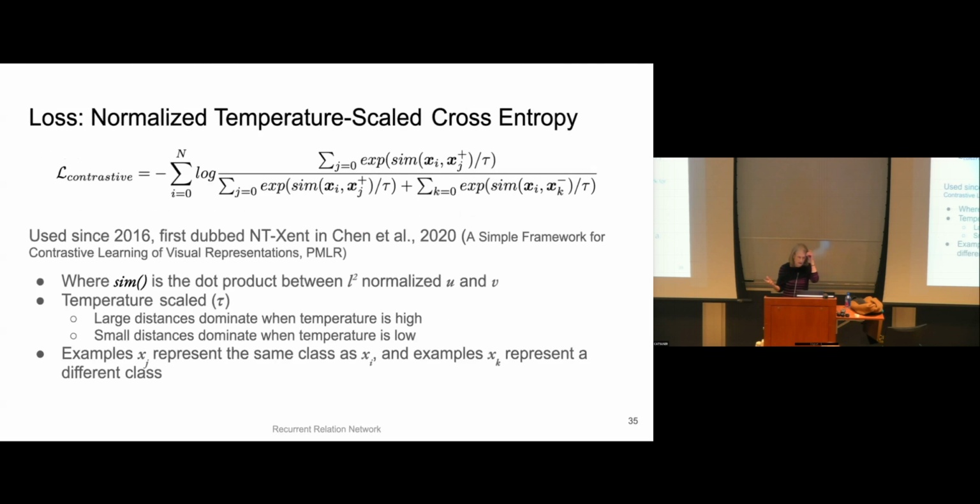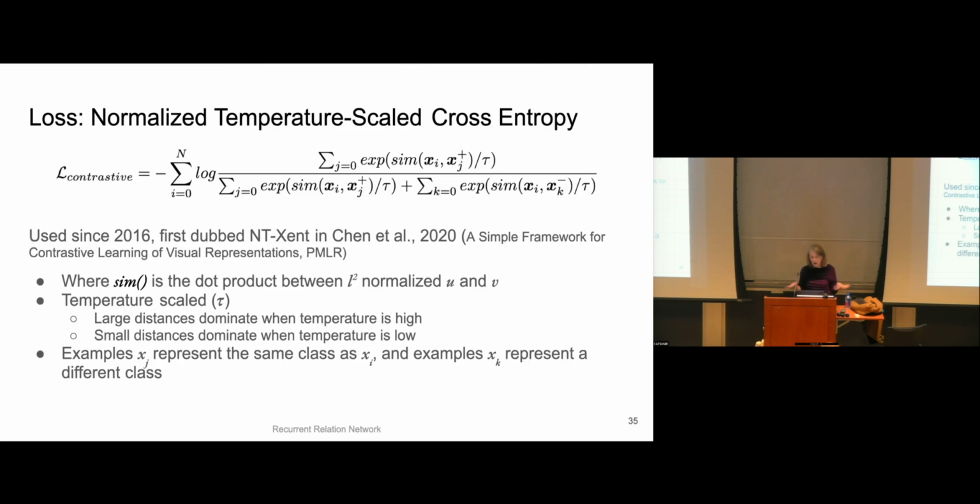And so here's a very commonly used loss function for contrastive learning. Notice that in the numerator, you're summing over the exponentiated similarity of each training example xi to the examples xj that are supposed to be similar, and that's temperature scaled.